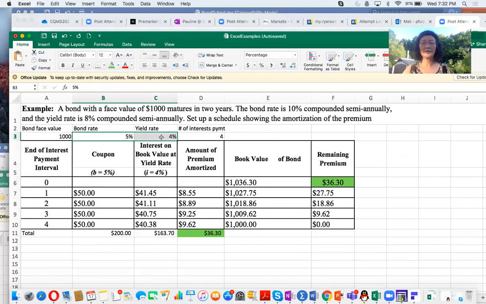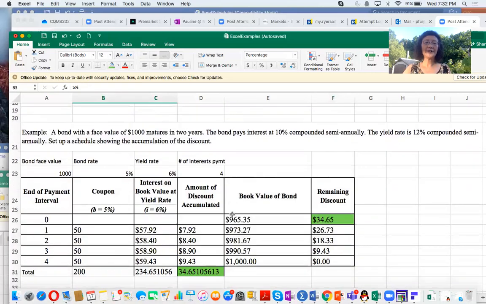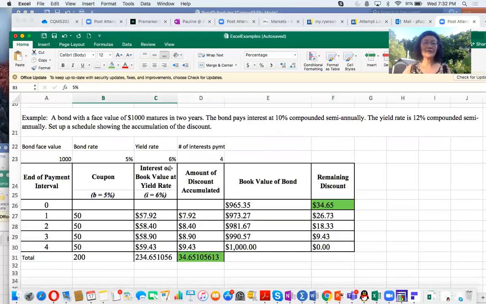The second situation, when the bond rate is less than the yield rate, there is a discount. And how do you create a schedule for the discount? The objective is to have the book value of the bond show exactly the same as the face value when the bond matures.